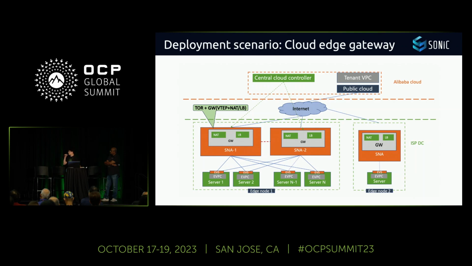facing the customers. And we may see another part of the deployment. Our Edge gateway is deployed in the internet service provider's data center. They are connected back to the central cloud via the internet.